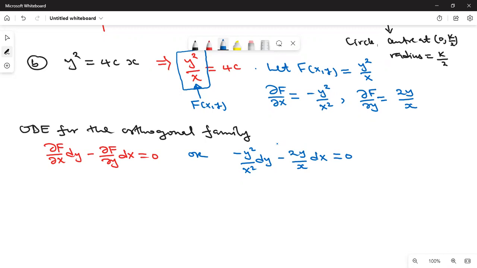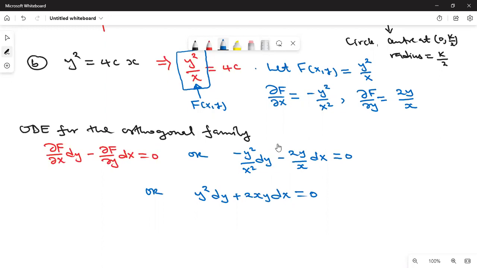Now, if I multiply through by x squared, of course, the negative is common, so you can just write y squared dy plus 2xy dx is equal to 0. This equation is homogeneous, it is also separable. Let's solve it as a separable ODE.